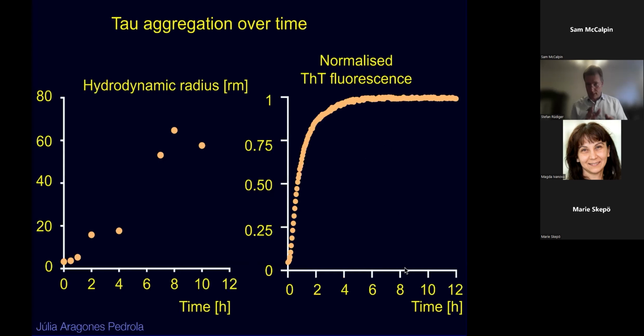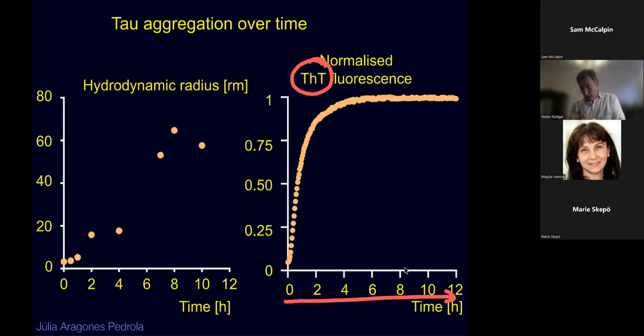One example I would like to show you here is the aggregation of tau over time. On the right panel, we observe tau aggregation over 12 hours with the classical THT fluorescent assay, which I've shown you before. What you see is the aggregation of the tau protein.